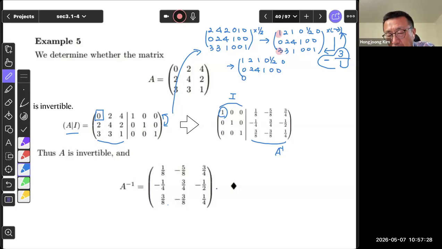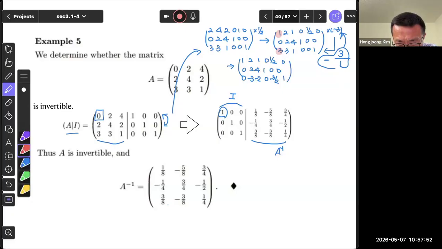And then 2 times -3 will be -6. -6 plus 3 will be -3. And 1 times -3 is -3. And if you add 1, you get -2. And then you get 0 and -3/2 and 1. So that you have 1, 0, 0 here.